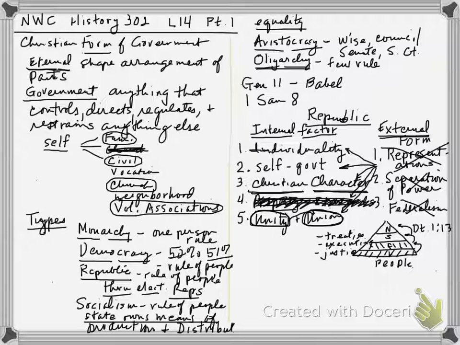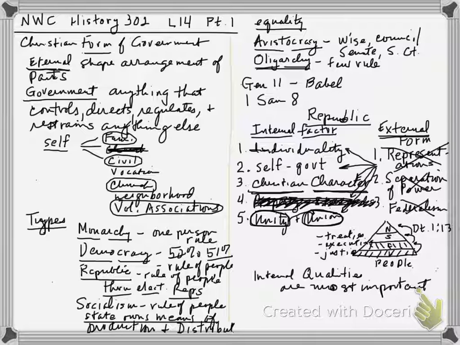You could still have the form of a government, even though these internal qualities are gone. So it's very important to think that the internal really is the critical. Internal qualities, internal agreement, internal unity are most important to maintaining a government, a republic.